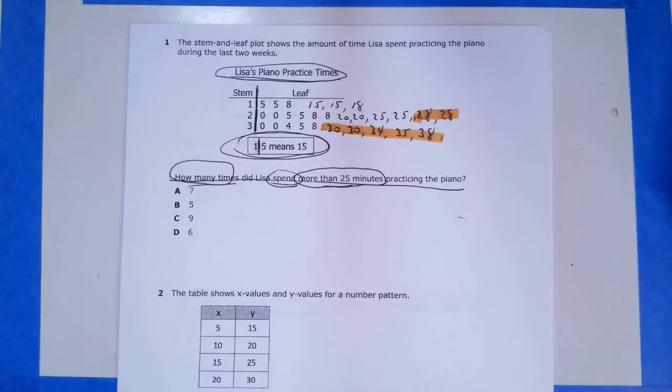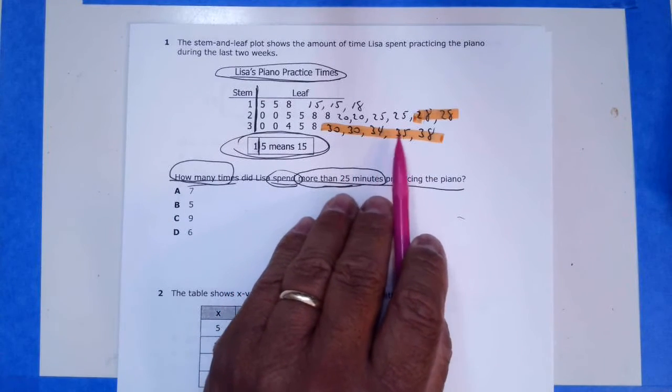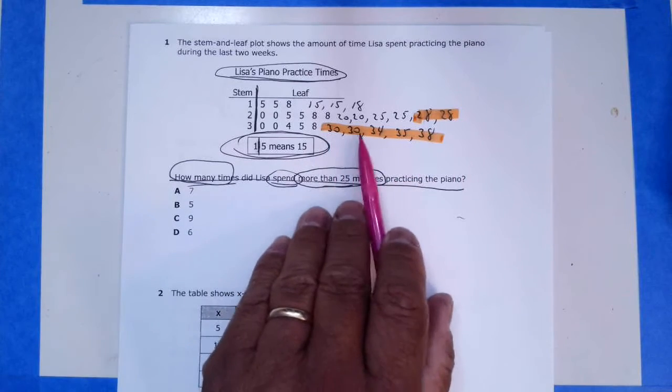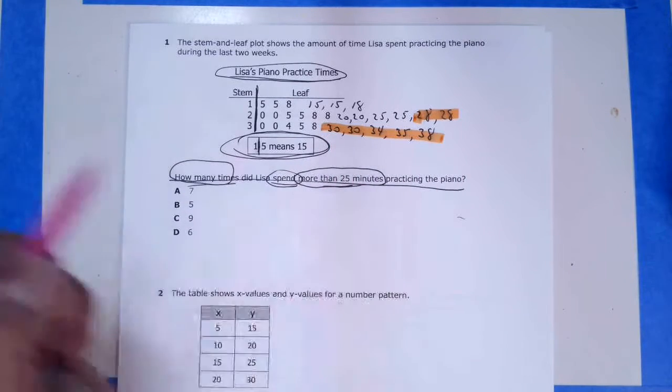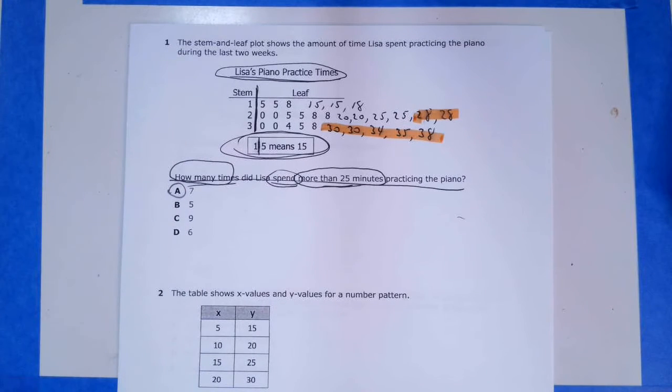It's going to be 28, 28, 30, 30, 34, 35, 38. So you have 1, 2, 3, 4, 5, 6, 7 times she spent more than 25 minutes practicing the piano.